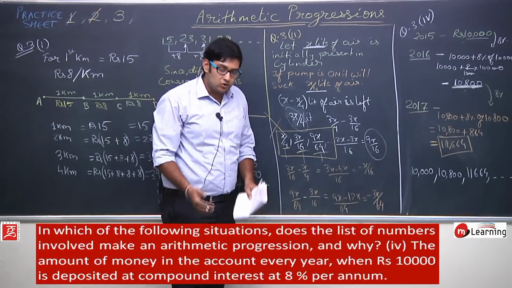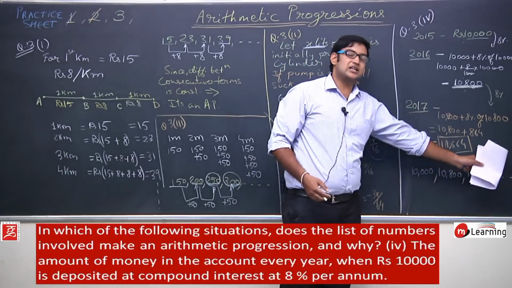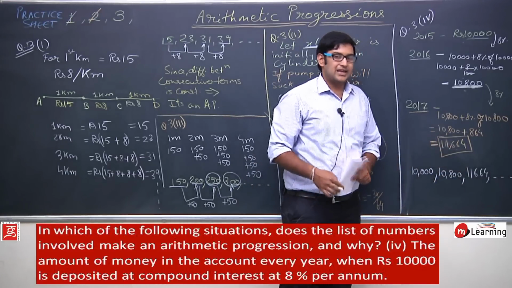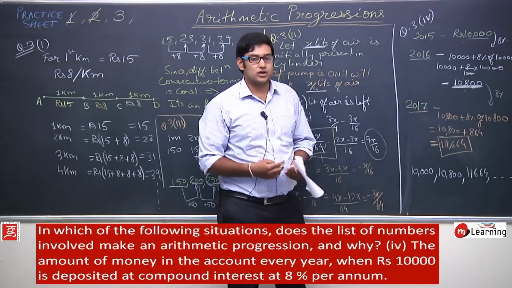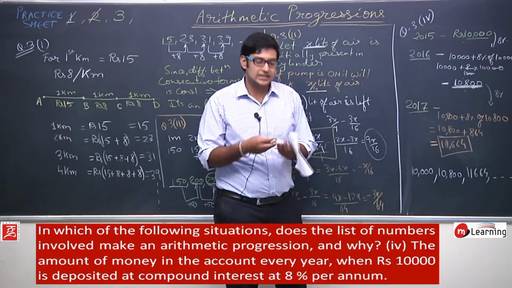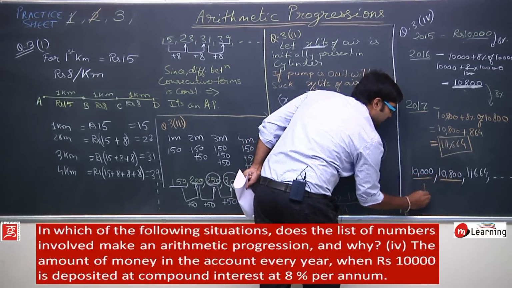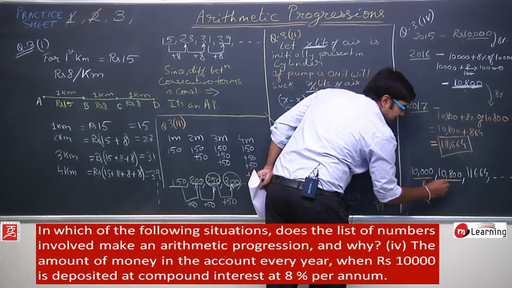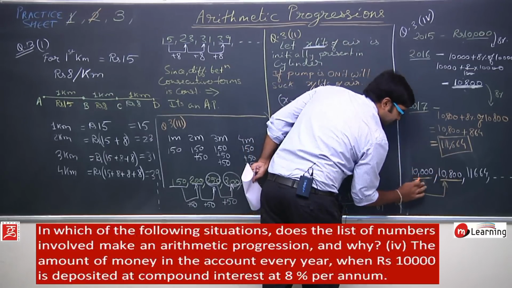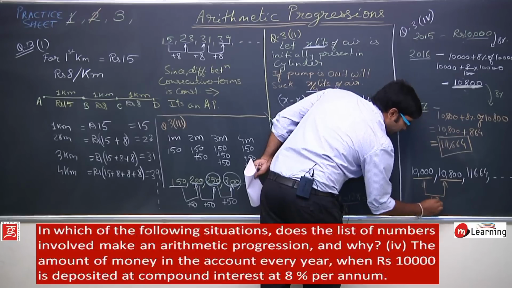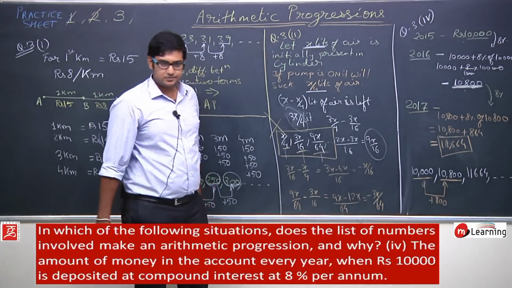Now, the amount present in my bank account is this. This is the list of amounts. Can I check whether this is in arithmetic progression or not? Yes, you can check it. It's very easy. If you check the difference between this amount and this amount, that is the interest on the first year, you can see this 10,800 is 800 rupees more than the previous term.